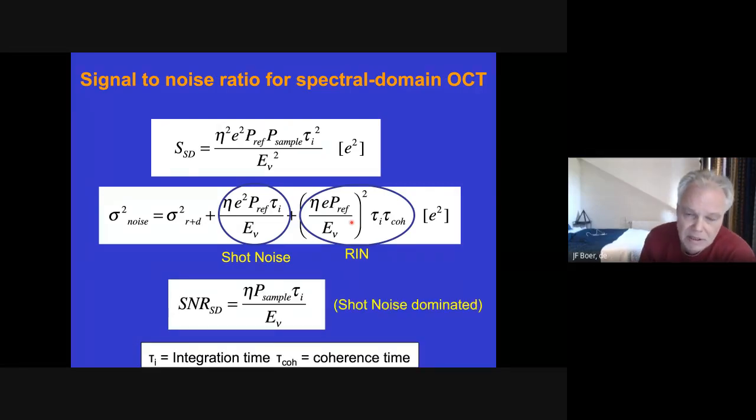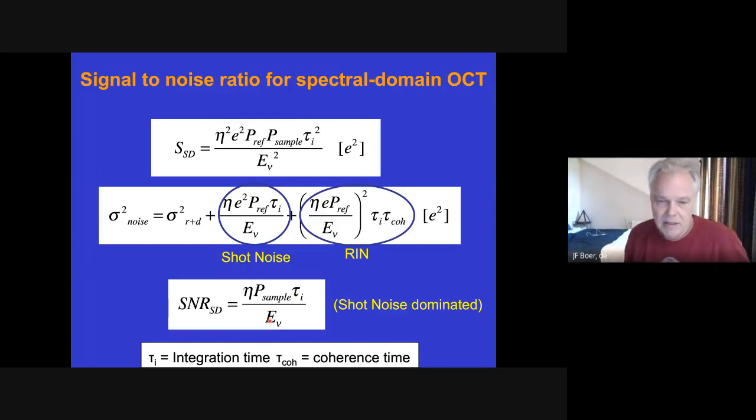Now, the interesting thing is, if we calculate our signal-to-noise ratio for this system, it turns out that it's equal to the quantum efficiency of our detector, times the sample arm power that comes back from the sample, times the integration time of the spectrometer, divided by the energy of a single photon. This expression shows you that the spectral domain approach of measuring the OCT signal has a signal-to-noise ratio of 1 if only one photon comes back from the sample arm.